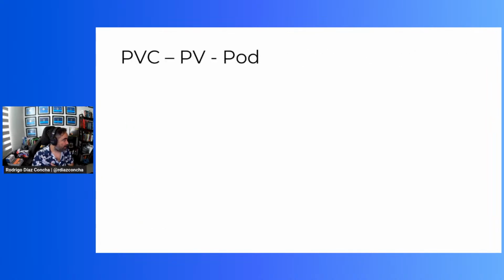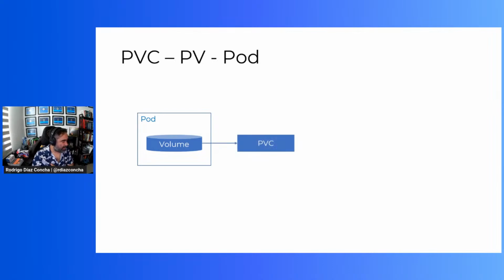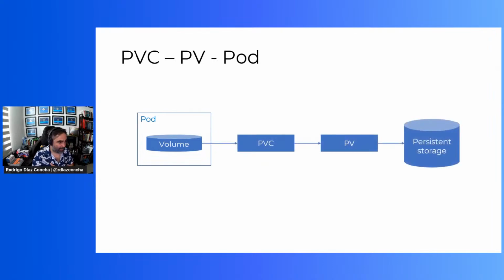So PVs and PVCs and the relationship with pods is like this: in your pod, you use a volume that can reference a persistent volume claim, and the PVC is just referencing the PV, and of course that PV should be using, maybe, disk space, or maybe it's using NAS or whatnot.